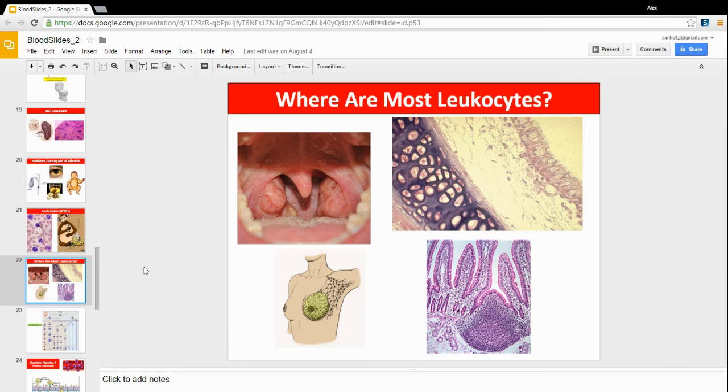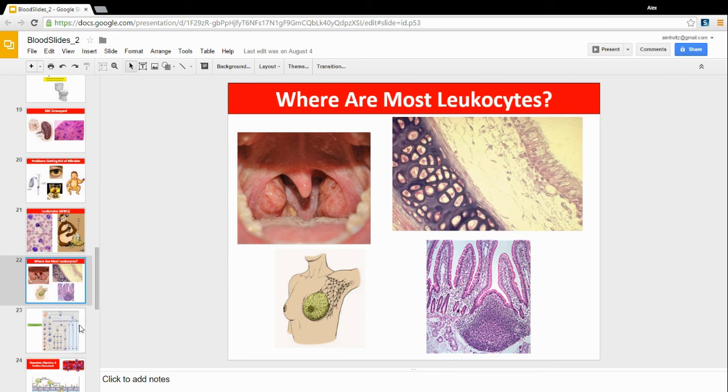So we see some lymph nodes in the axillary region on the lower left picture. And also in the lining of the intestines. That's one of the most abundant places. That's the bottom right-hand picture there. So we're going to see them in places where we're going to meet pathogens.